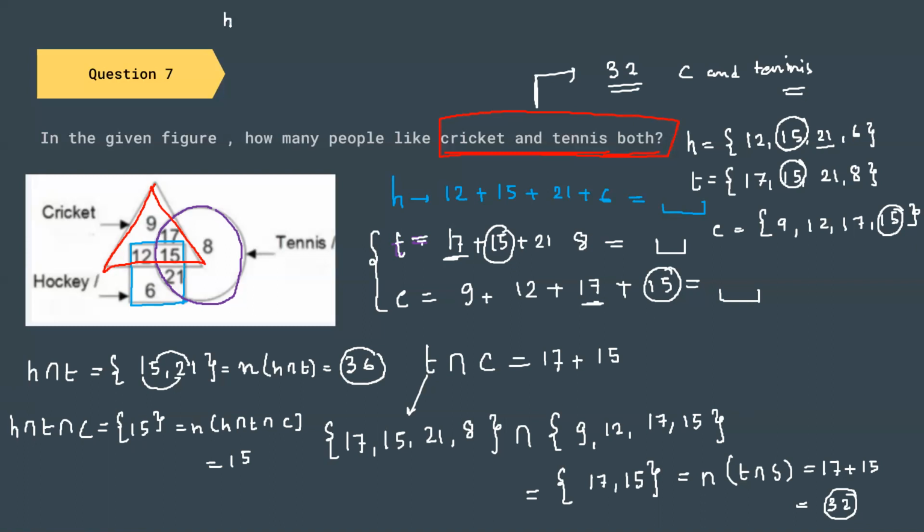So this will be H minus, you can say, hockey intersection C plus tennis intersection C. Actually, we don't need this.